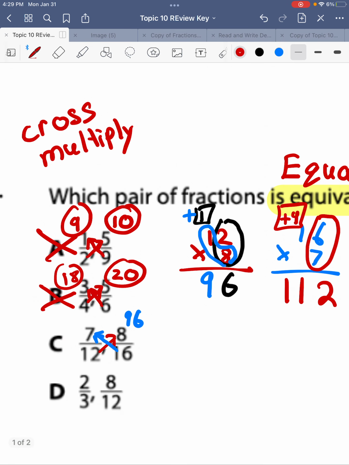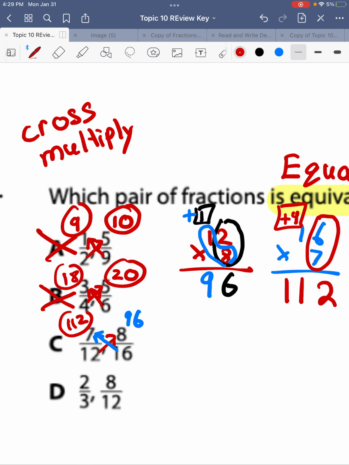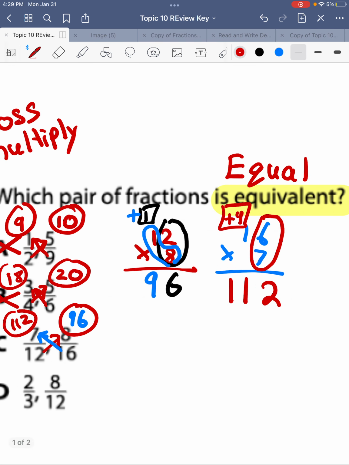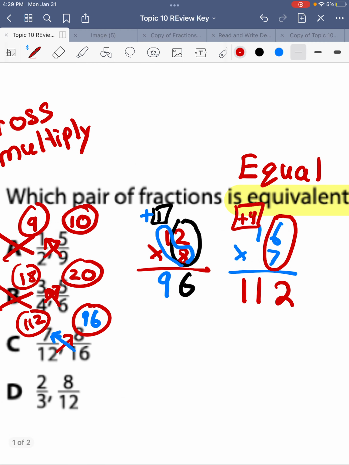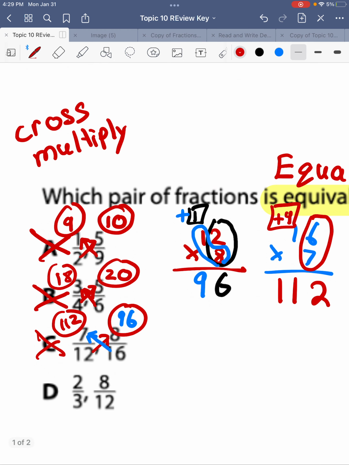So 16 times 7 is 112. These numbers are not the same, and I'm looking for fractions that are equivalent. So C is not my answer. Let's do D. 3 times 8 is 24. 12 times 2 is also 24. These numbers are equal, so that means D is my answer.